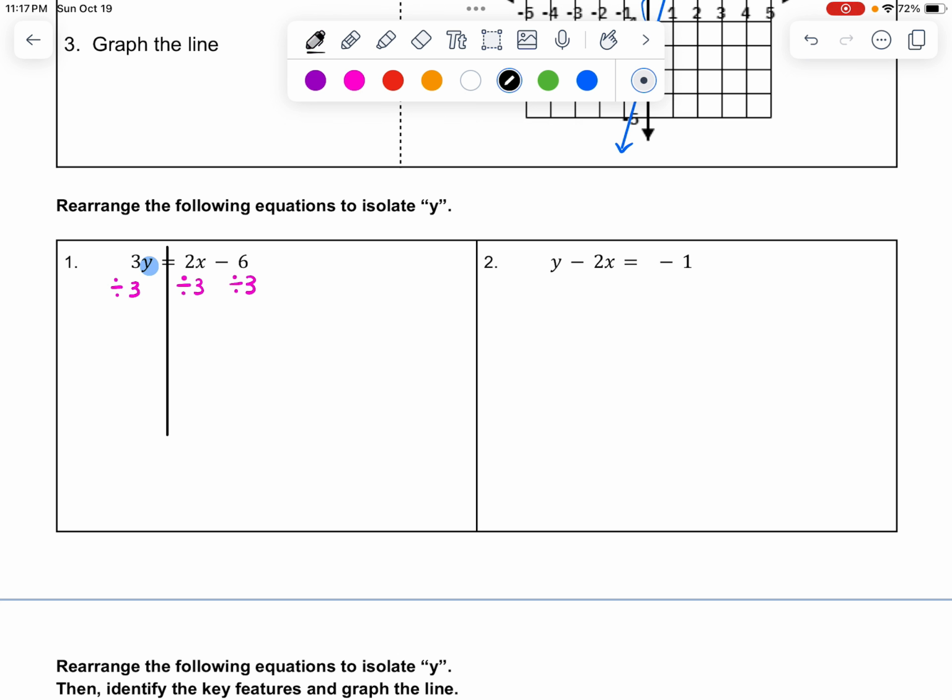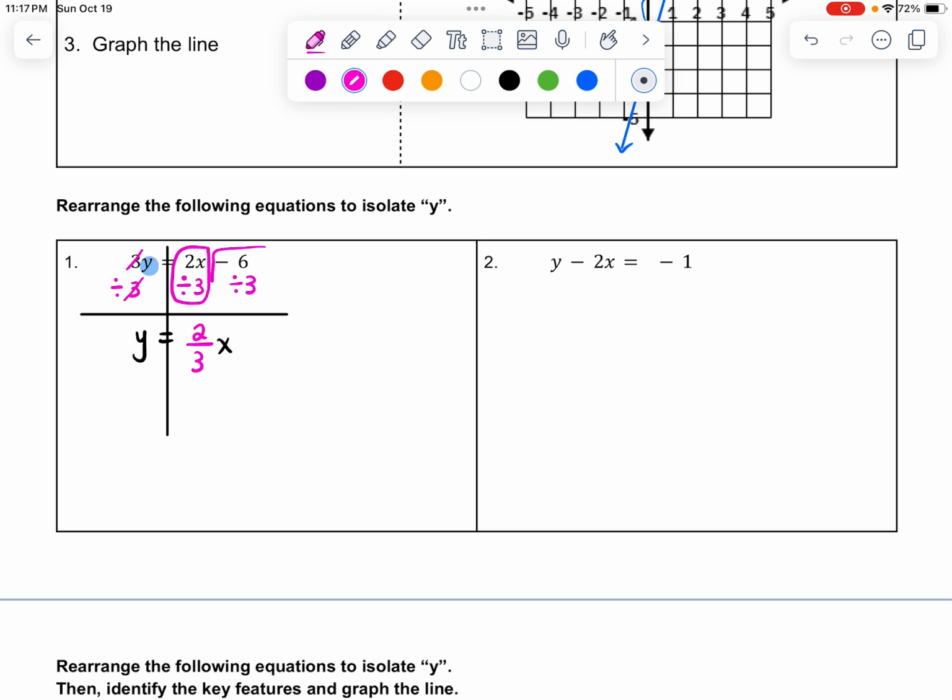So first, we're going to simplify the left side and we just get y. On the right side, 2 divided by 3 is not a friendly number. If you type it in, you get a decimal. So because we don't want decimals, we're just going to write it as 2 over 3 x.